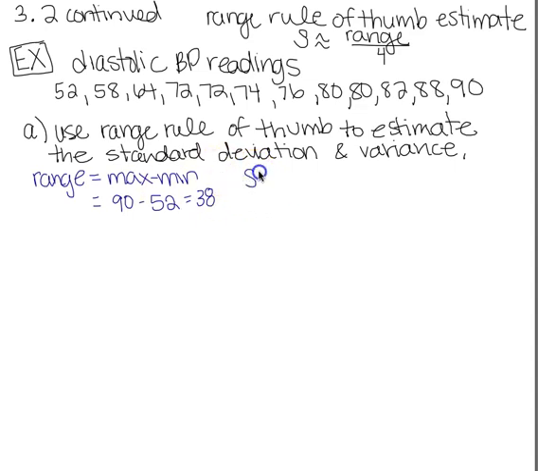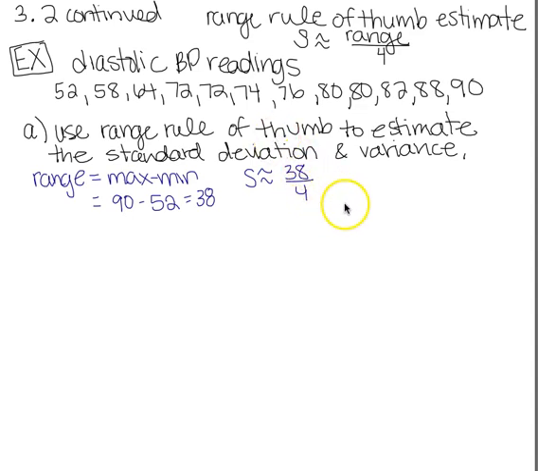Our formula for the range rule of thumb says that I can estimate the sample standard deviation by taking the range, which is 38, and dividing it by 4. Now, we didn't write out the rounding rule here because it's the same for all 3 of these, and it's the same as what you had in section 3.1.